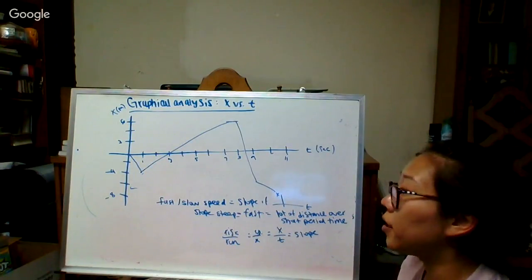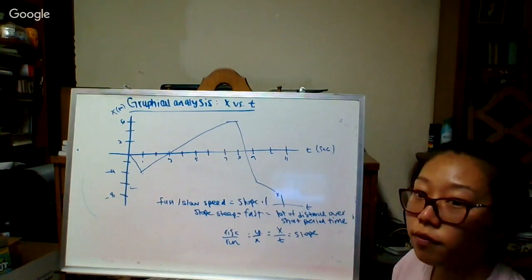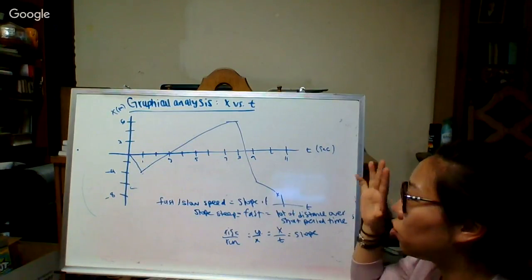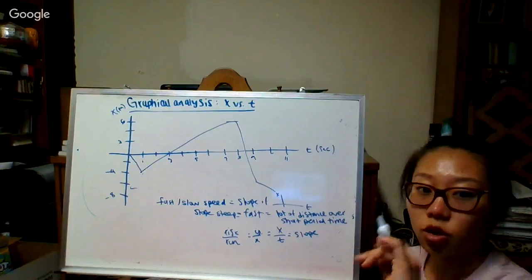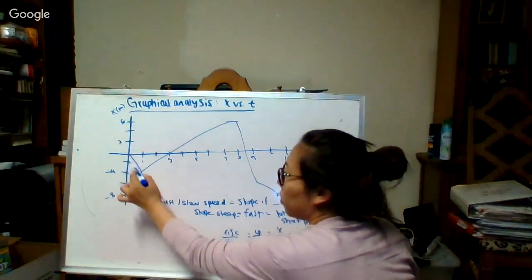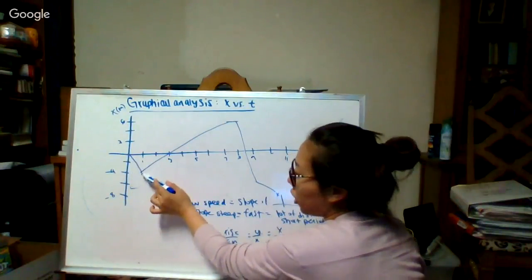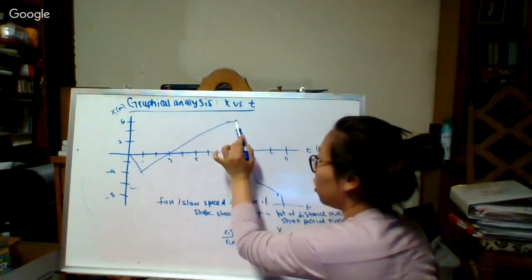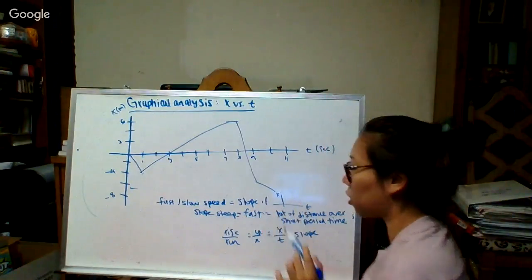And your constant speed. Your constant speed is whenever your slope does not change. So it's basically your constant speeds are your straight lines. So this is a constant speed for up to here. And then it does change, but from here to here is constant. From here to here is constant. From here to here is constant.